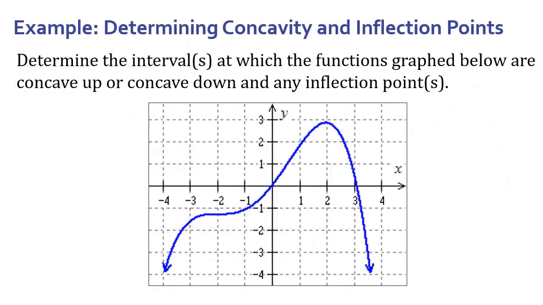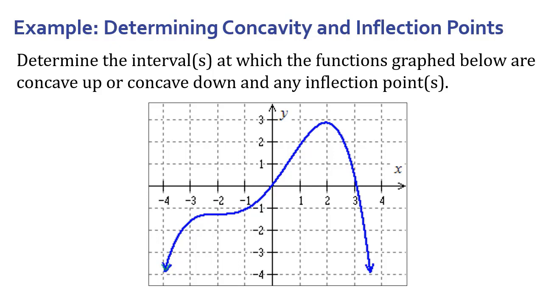All right, so determine the intervals at which the function graph below is concave up, concave down, and any inflection points. Okay, so I can see here, again, concave down means you're bending down, concave up means you're bending up, or you think of the sad face and the smiley face.